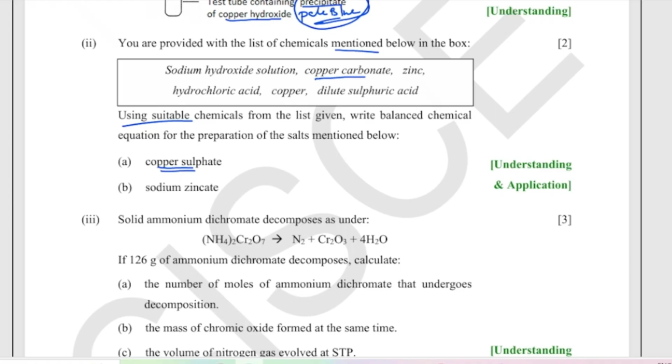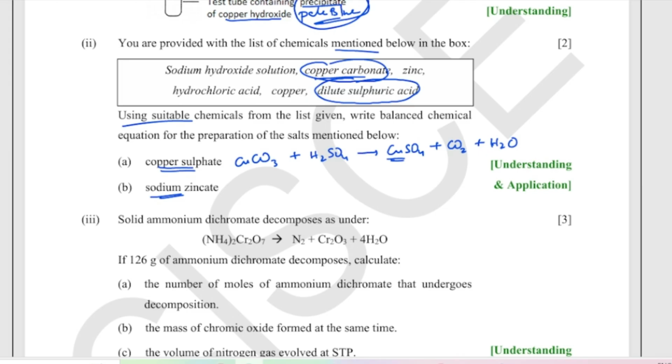So I can use copper carbonate plus dilute sulfuric acid, which gives copper sulfate plus carbon dioxide plus water. So copper carbonate and dilute sulfuric acid will give you copper sulfate.